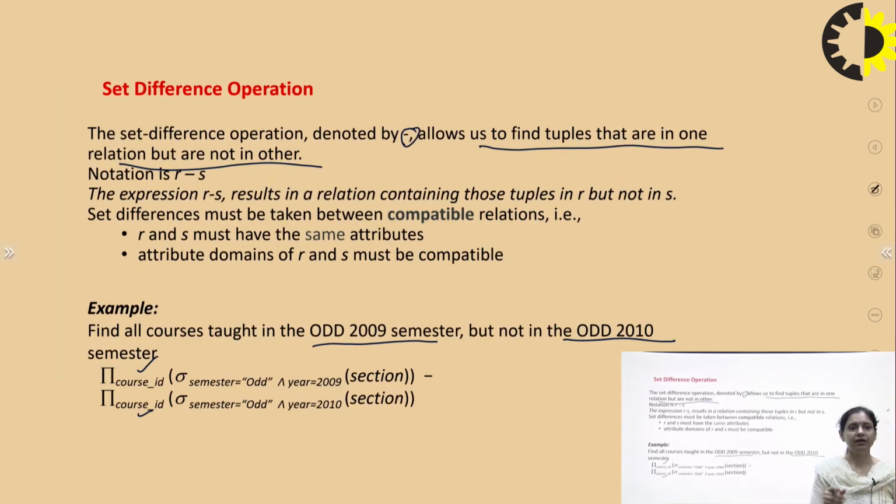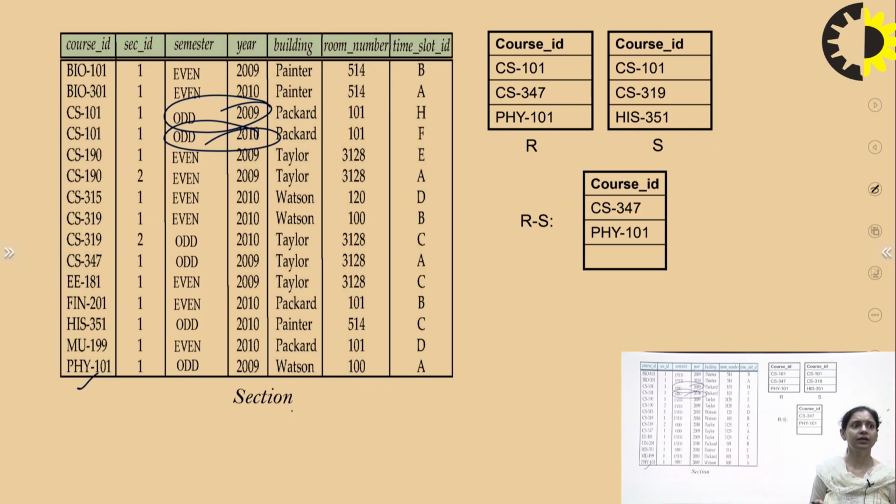So, where we have there is something in one relation but not in other, we use a set difference operation. We need to identify only the courses. So, we'll use a project operation on course ID. The condition, odd semester 2009. So, here what we are taking where the semester is equal to odd and the year is equal to 2009 for first one.